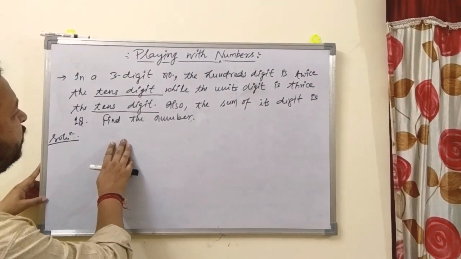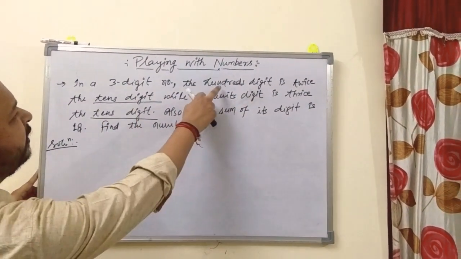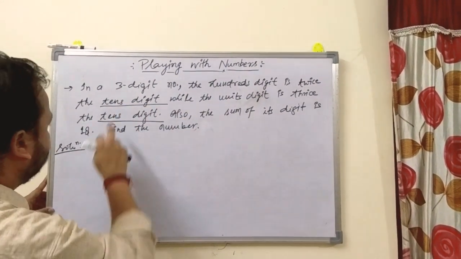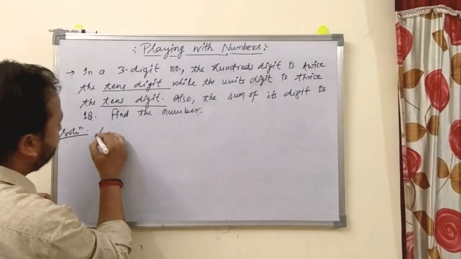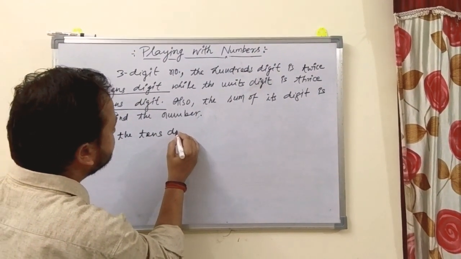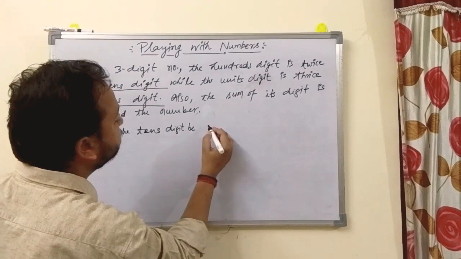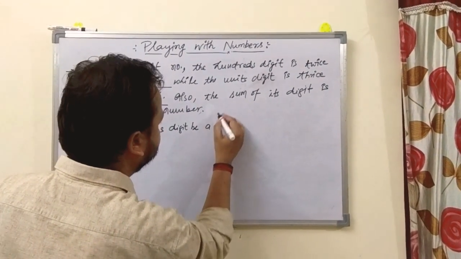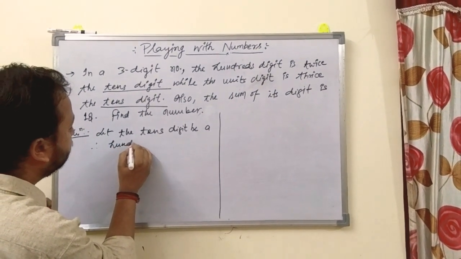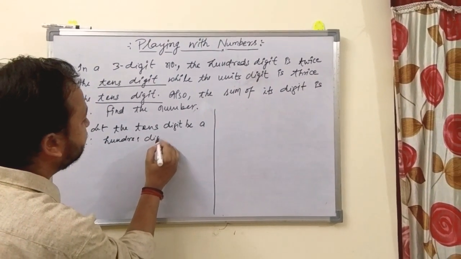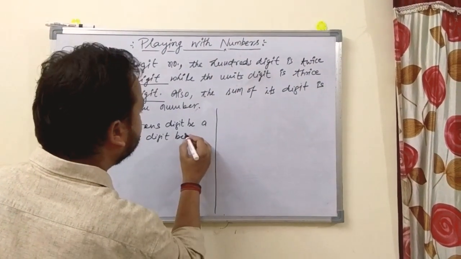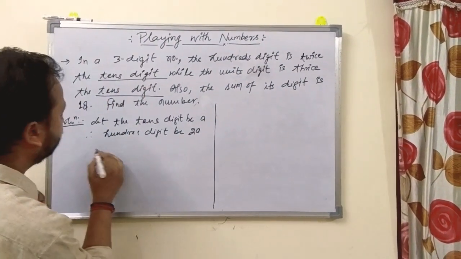So in this question, the hundreds digit is compared with the tens digit, and the unit digit is also compared with the tens digit. So let the tens digit be, suppose, a. Therefore the hundreds digit will be twice, so 2a.